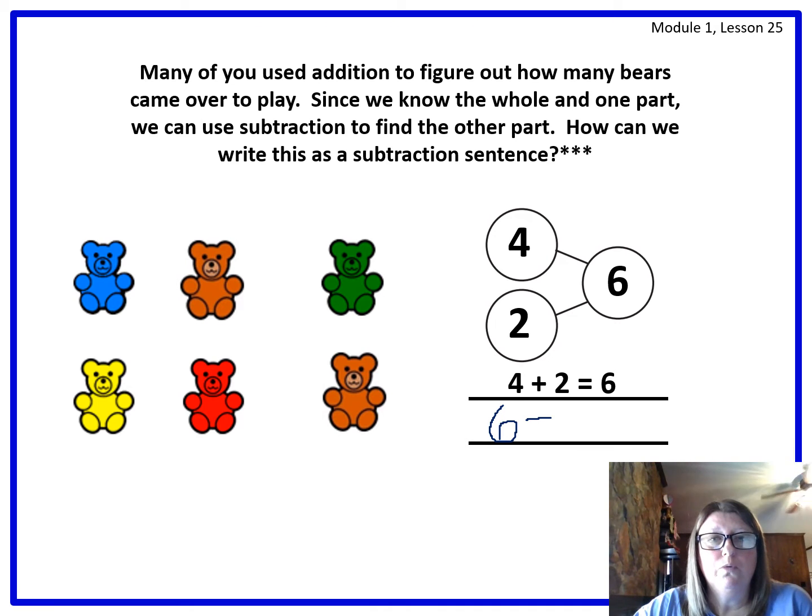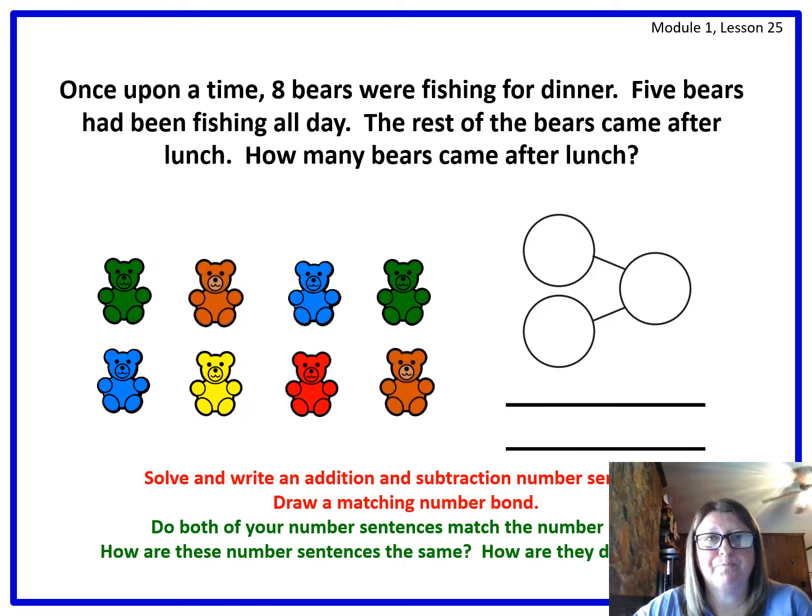Then we know that there were already 4 bears there. So 6 minus 4 equals 2. So there's my subtraction sentence to go along with this. And then to check it, I was correct.